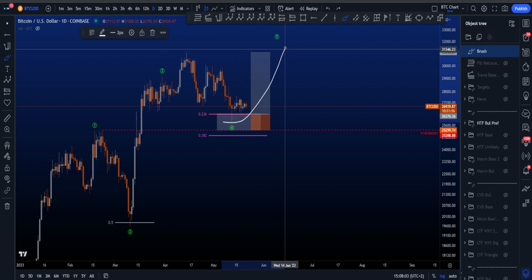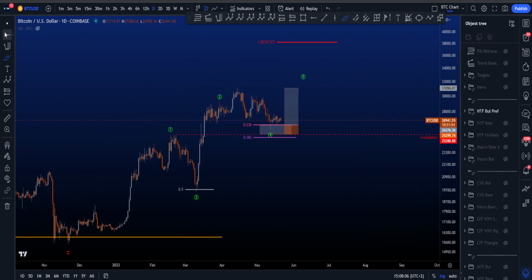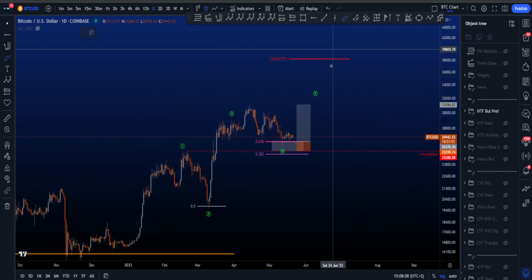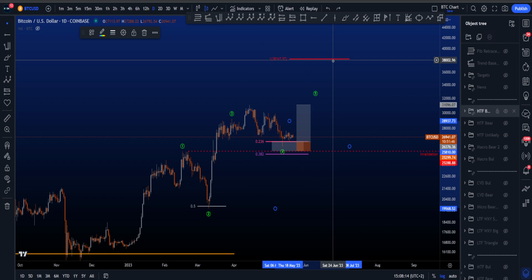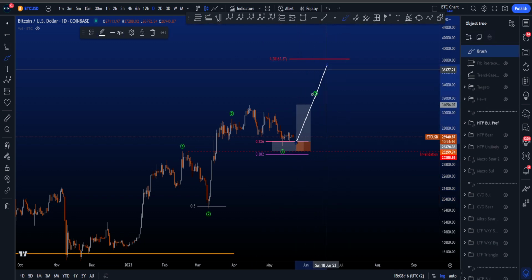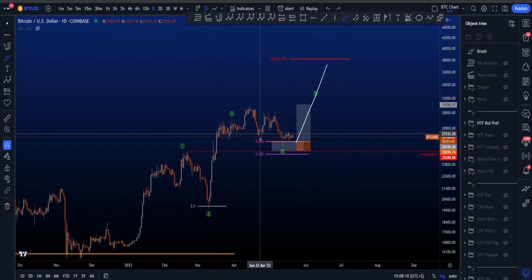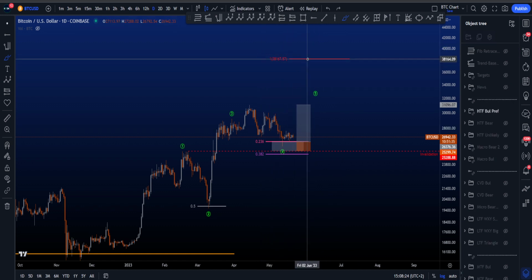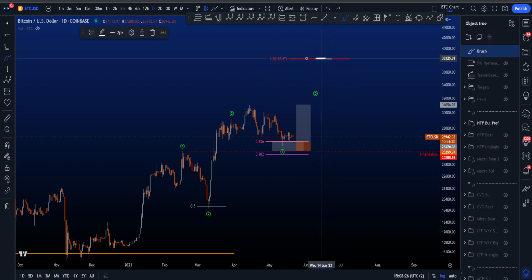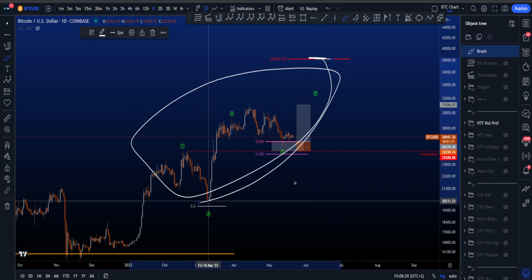And then we expect another wave 5 to the upside, and this wave 5 has a maximum target of the 1-to-1 over here, and this is the 1-to-1 of wave 3. So this wave 5 has to be shorter than this wave 3 in price, which means the absolute maximum target for this wave 5 is at 31k. However, if price gets over here, then this whole scenario is invalidated.